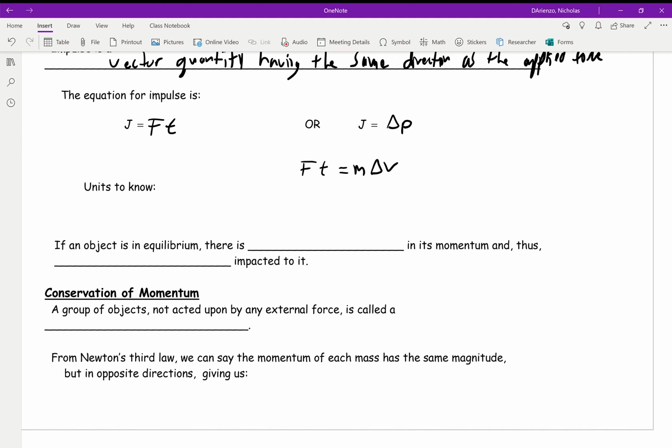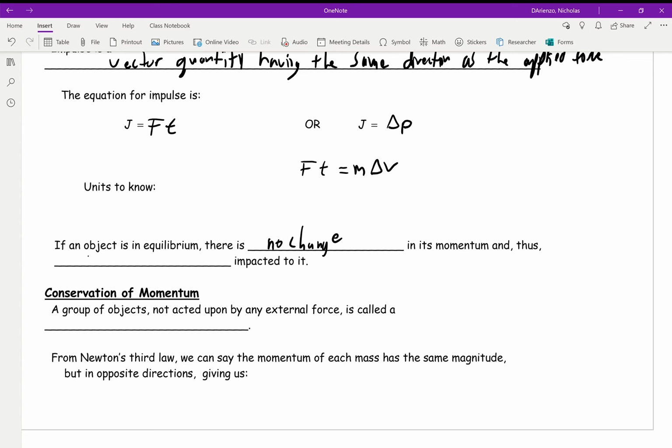So for an object in equilibrium, we know that there is no change in its momentum because we're in equilibrium, so your speed is not changing. If it was, we'd have some acceleration and therefore a net force, and then we'd have some change in momentum, but we're in equilibrium here, so no net force. Remember, equilibrium means no net force, no acceleration.